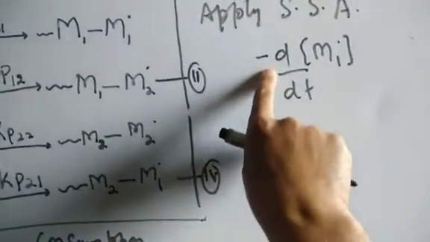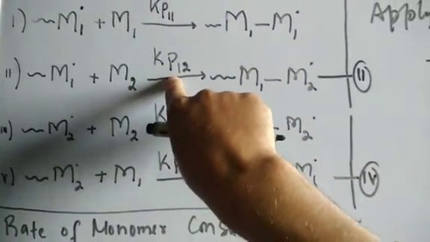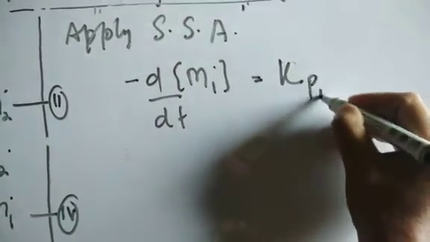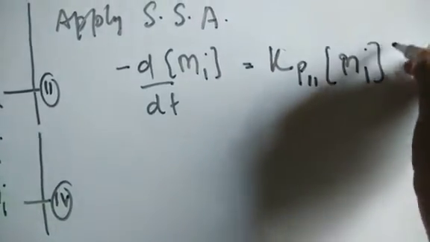Let us now use only M1. So the rate of consumption of M1 is given by Kp11 M1 M2.